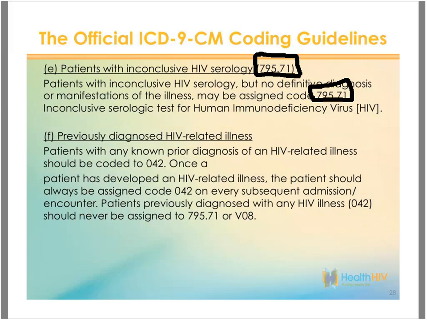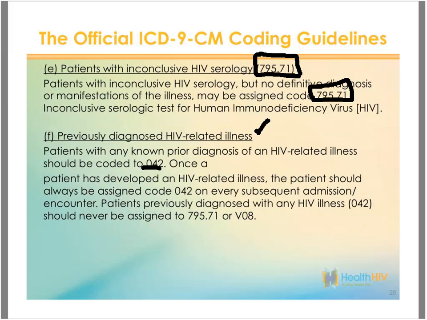All right. Previously diagnosed HIV-related conditions. So patients with any known prior diagnosis of an HIV-related condition or illness should be coded as 042. Once a patient has developed an HIV-related illness, the patient should always be assigned code 042.